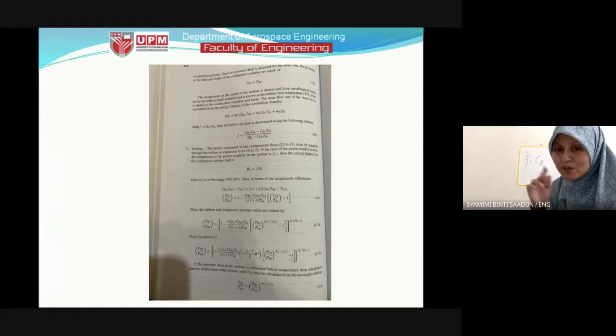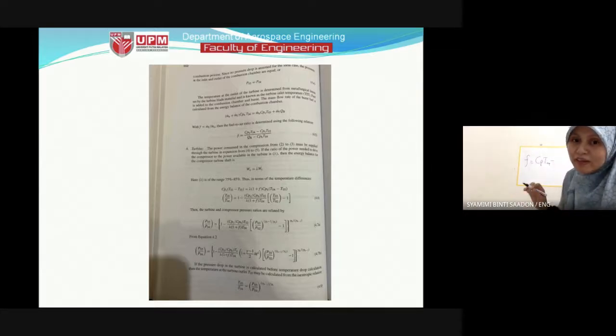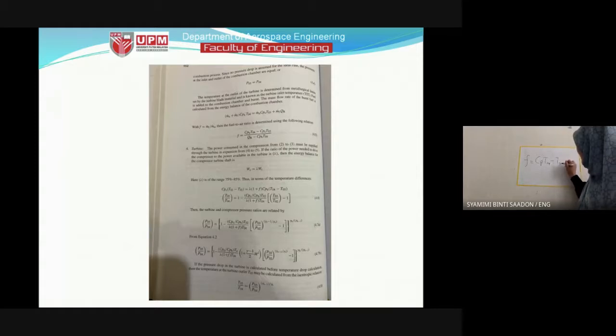Otherwise it's Cpc or Cph, cold and hot. So T total 4 minus Cp, T total 3, over QR, the fuel heating value, minus Cp T4.